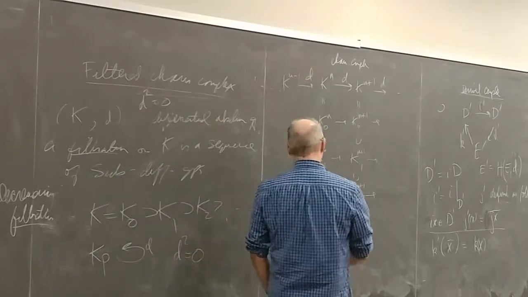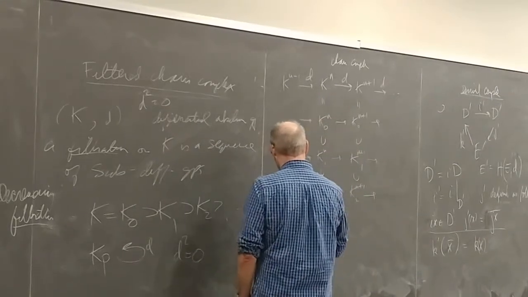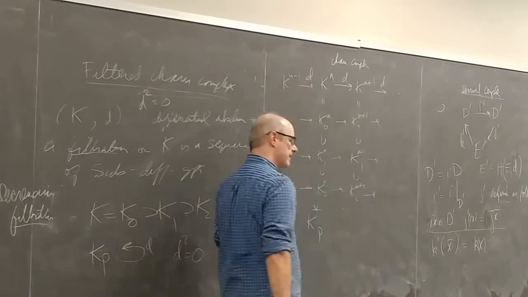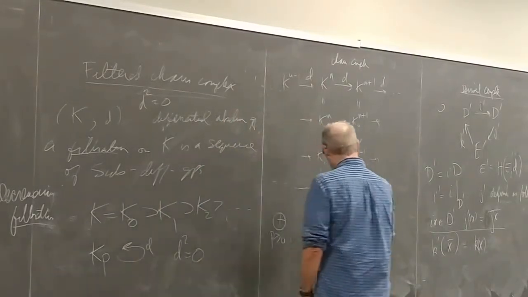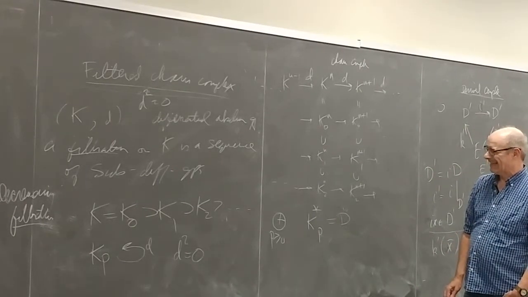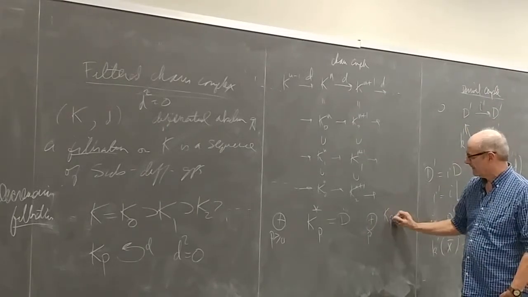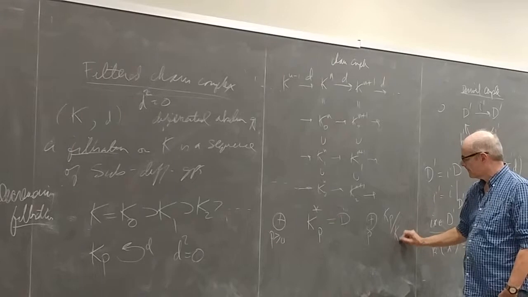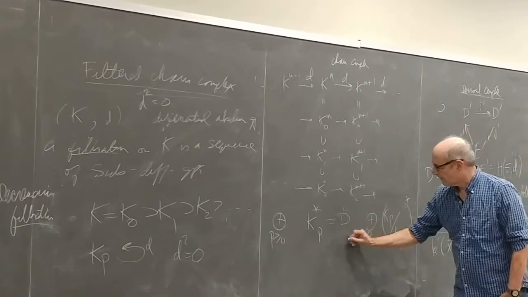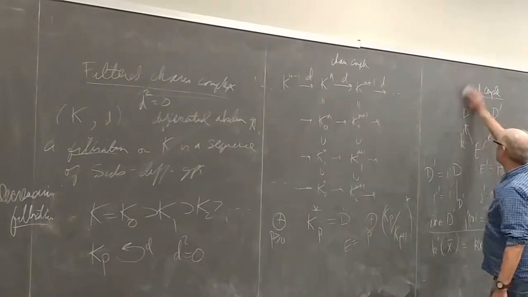And so now let's look at the direct sum over all p of these subcomplexes, and we'll call that D. And we'll look at the direct sum over all p of these quotient complexes, and we'll call that E, and that's our exact couple.